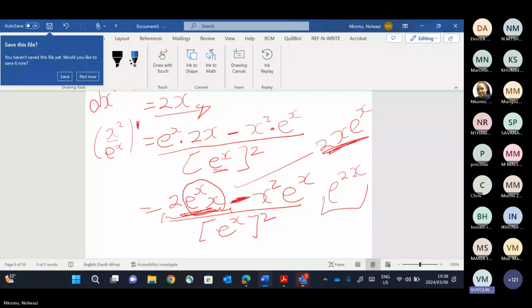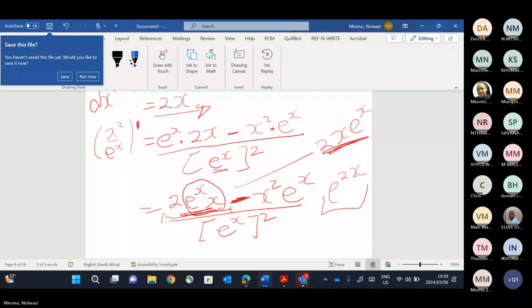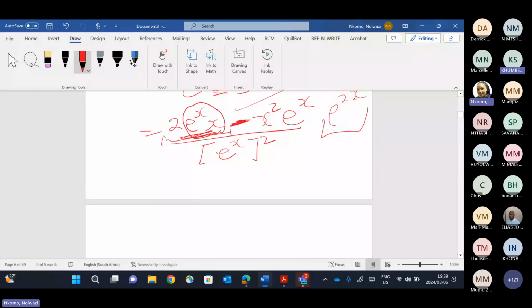Sorry, ma'am. The e to the power x is the denominator, right? So if it's a denominator, isn't it supposed to be 1 over e to the power x?